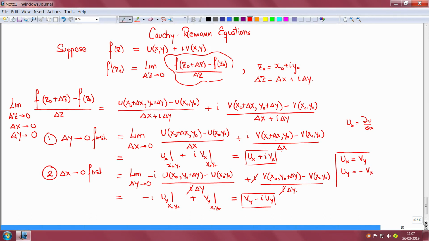The partial derivative of u with respect to x is equal to the partial derivative of v with respect to y, and the partial derivative of u with respect to y is minus the partial derivative of v with respect to x. These are called the Cauchy Riemann conditions or equations. We will write them as CR equations.